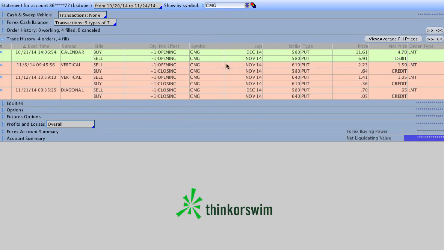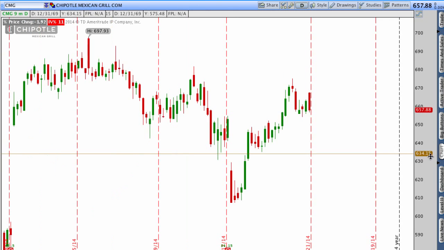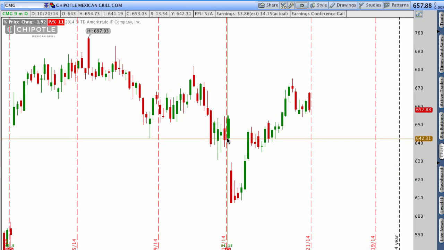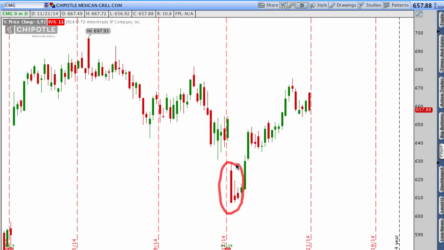Now I want to go to the chart first of Chipotle and let you know exactly where we started making this trade. Right here on the 21st, which is when Chipotle actually opened up after earnings, this big red day right here. On the 21st of October, we entered a put calendar spread on Chipotle.